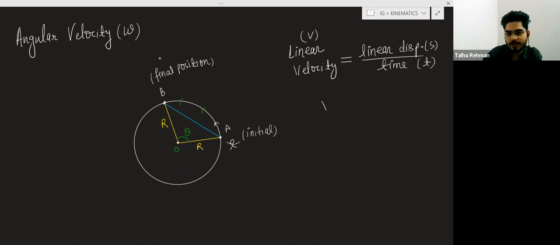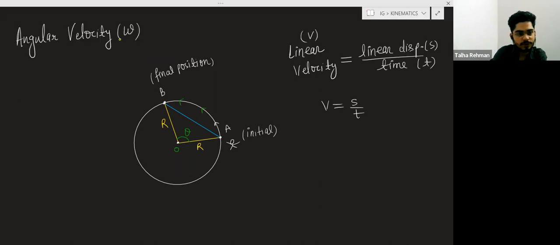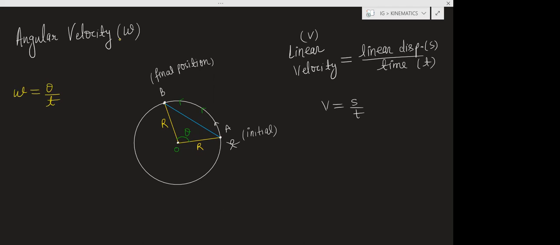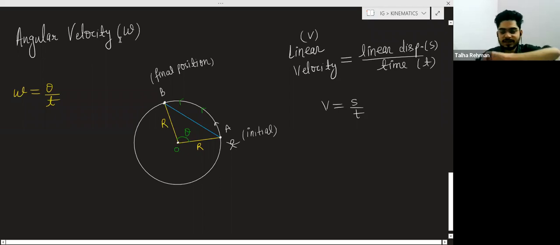So your linear velocity will be displacement divided by time, and your angular velocity will be angular displacement by time. Is it or not? Earlier the motion was linear, motion in a straight line. Now we are discussing angular motion or circular motion.